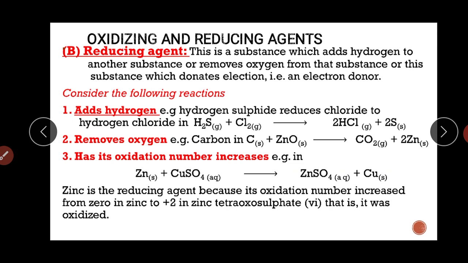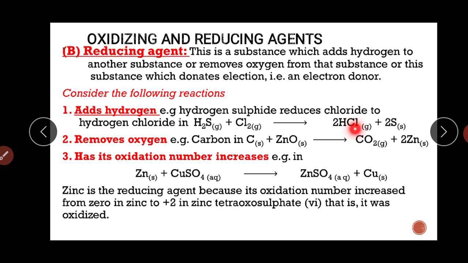And an oxidizing agent is the one that has a decrease in oxidation number, and here the reducing agent is the one that has an increase in oxidation number. So let's look at them one after the other. Hydrogen sulfide in this one, you can see it's carrying hydrogen, and chlorine is the one here. When this becomes hydrogen chloride, what has actually happened?